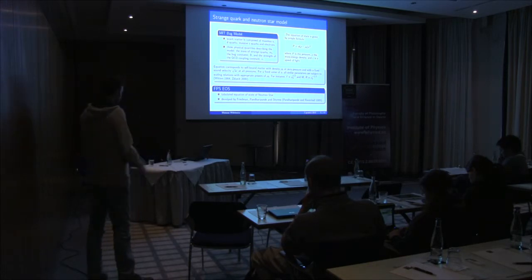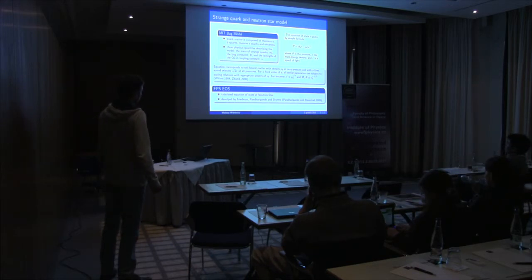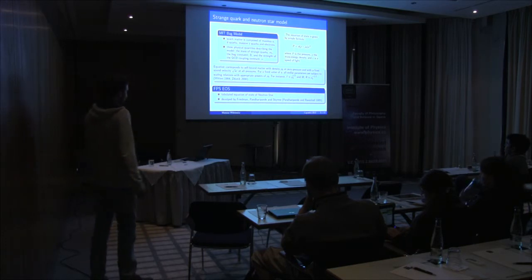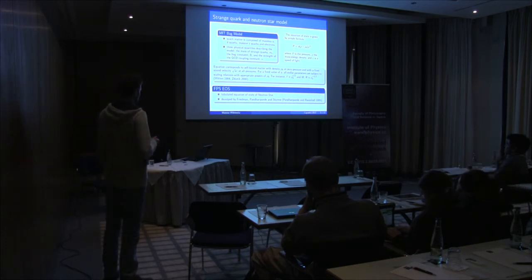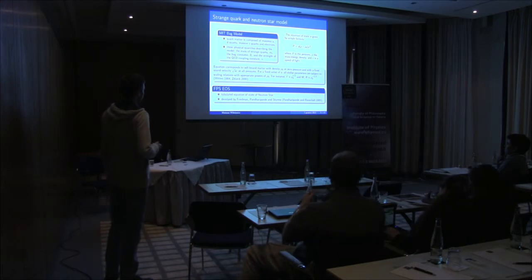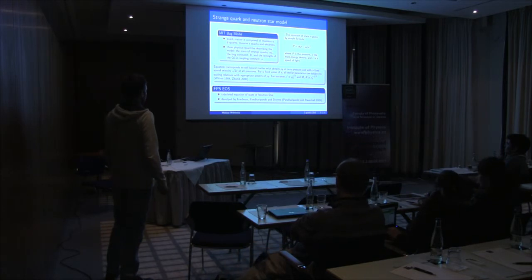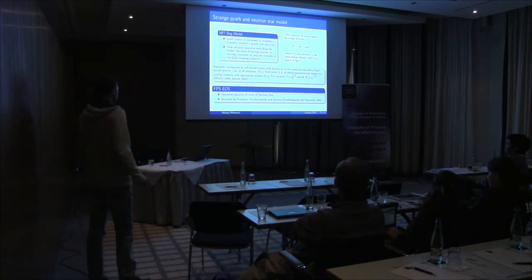This equation of state can be described by simple analytic formulae, where P is the pressure, rho is the mass-energy density, and rho 0 is the density at the surface of the star.